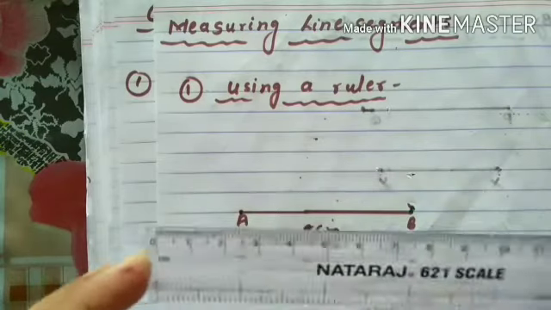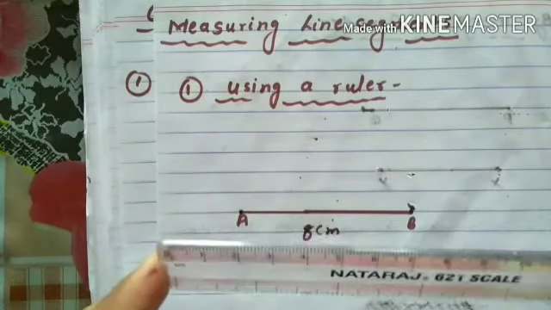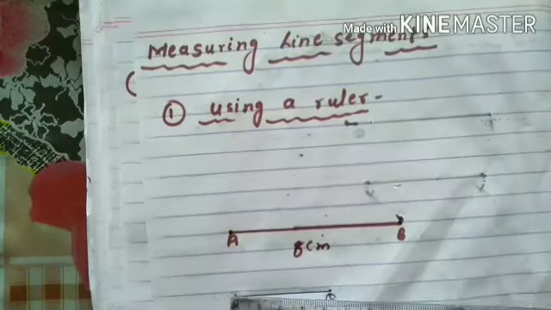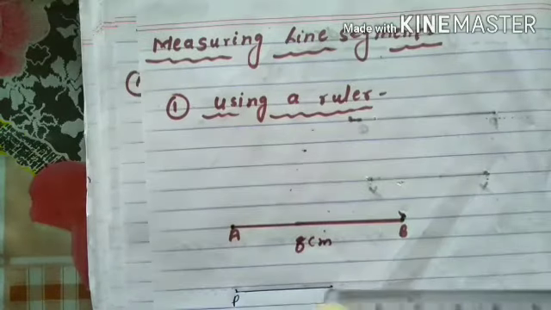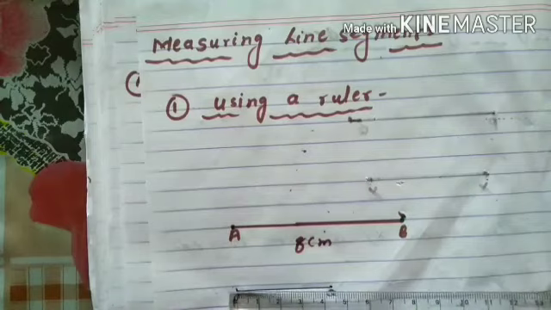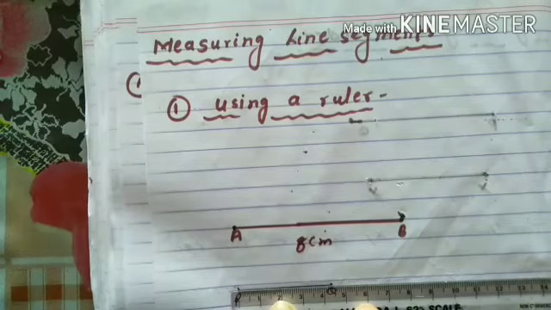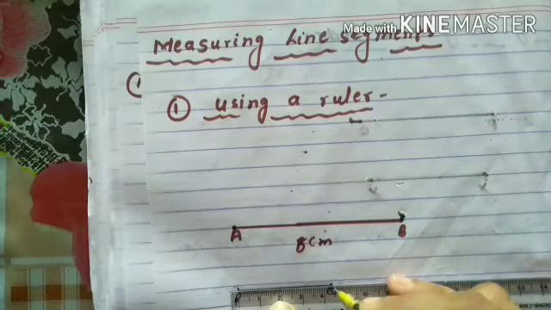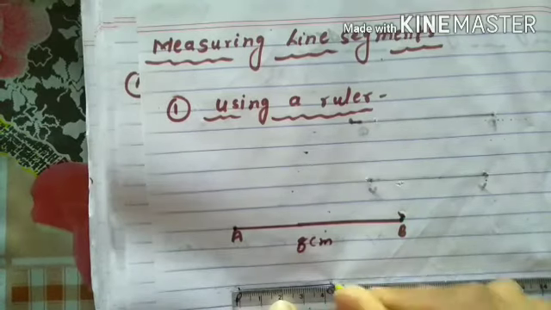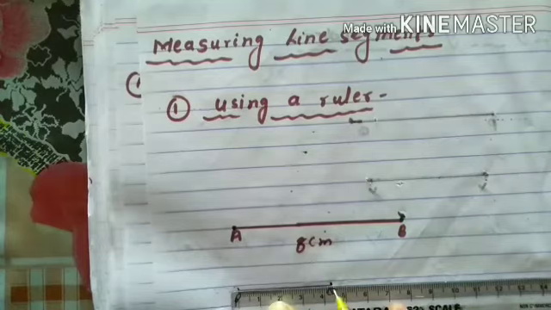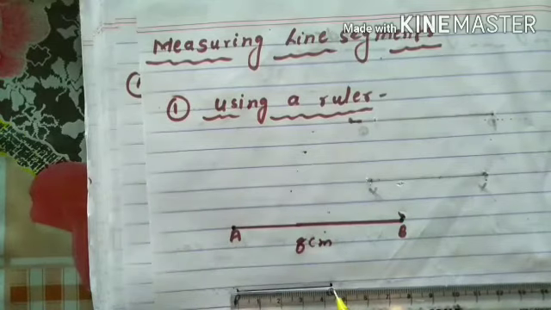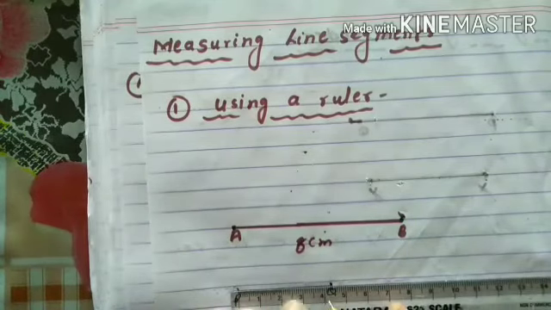I will take this ruler and place it on PQ such that this 0 mark falls on P. After that, I read the mark of the scale against point Q. Where is this Q? It is at 4. This Q falls between 4 and 5.